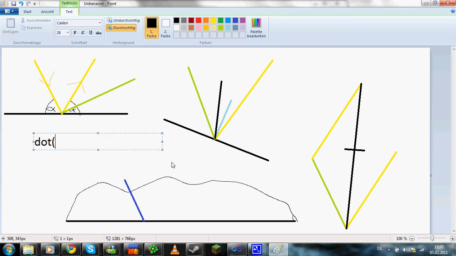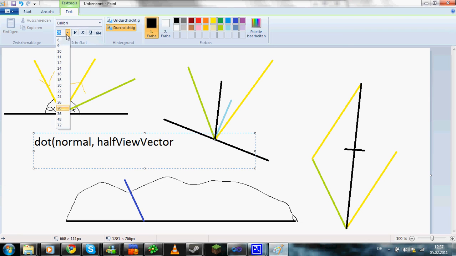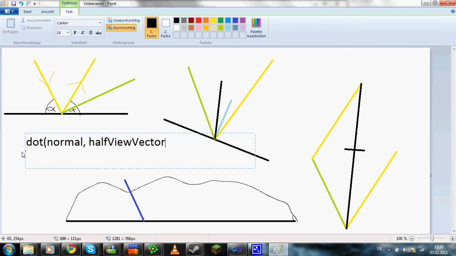Dot product of the normal and the half view vector, and then we take it to some power, let's say the power of 2 or the power of 3, and by that, because all the values are between 0 and 1, we limit the area where we have this bright light. And that's the basic idea of normal mapping and how we reflect the light off our surface then.